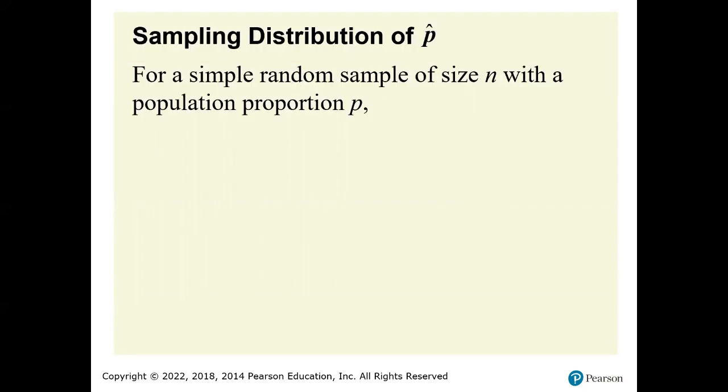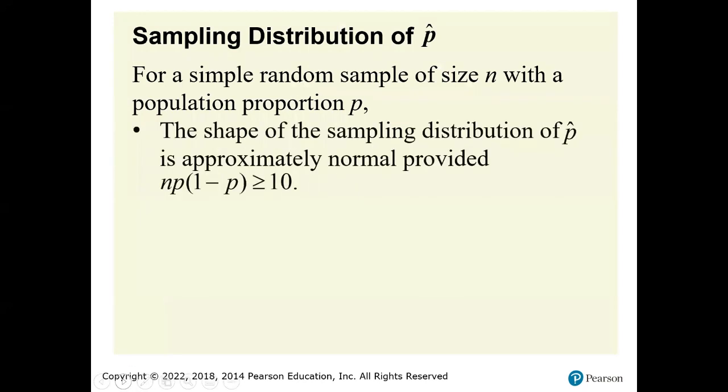So when we are doing a sampling distribution for p hat, for a simple random sample of size n given a population proportion p, the shape of the sampling distribution will be approximately normal if this equation that we calculate here, n times p times the quantity 1 minus p, gives me a value greater than or equal to 10.